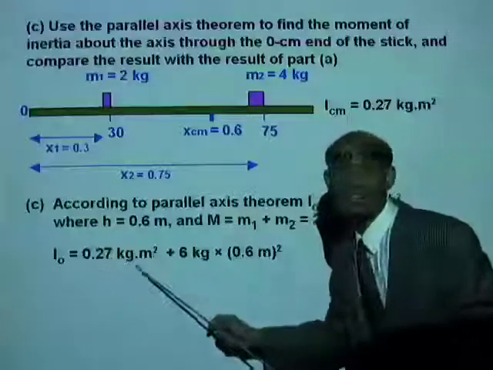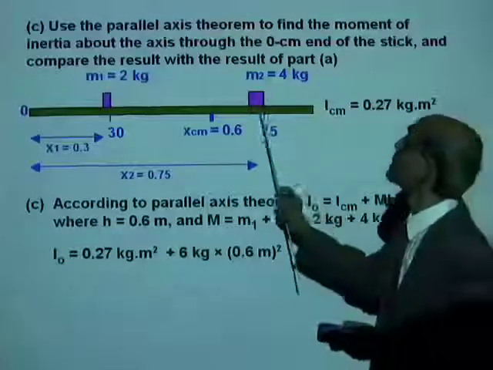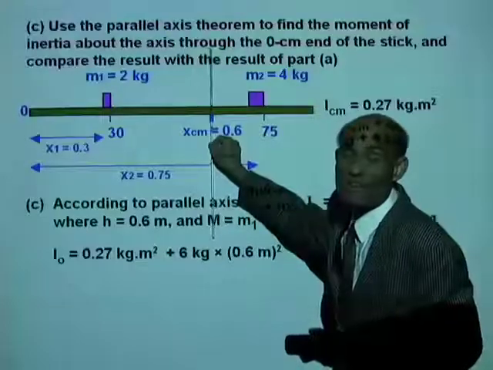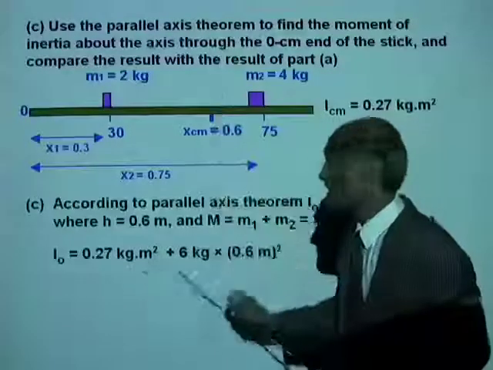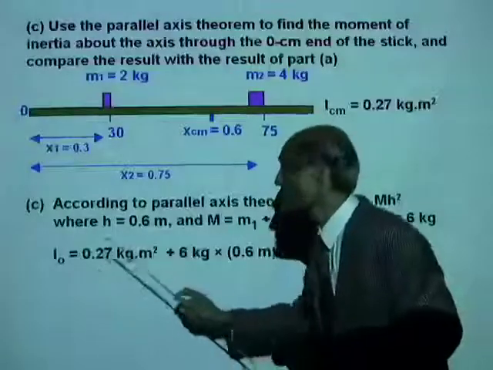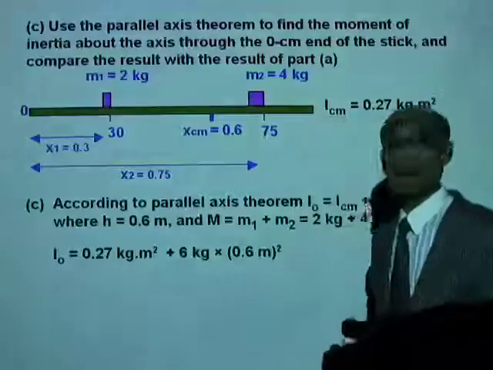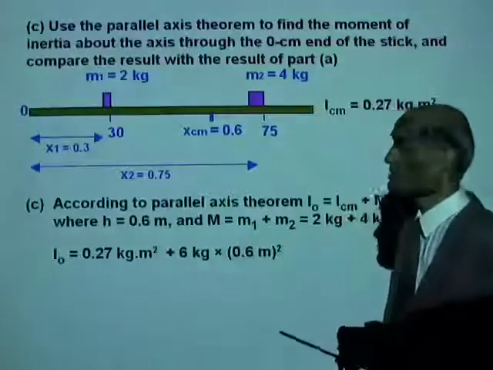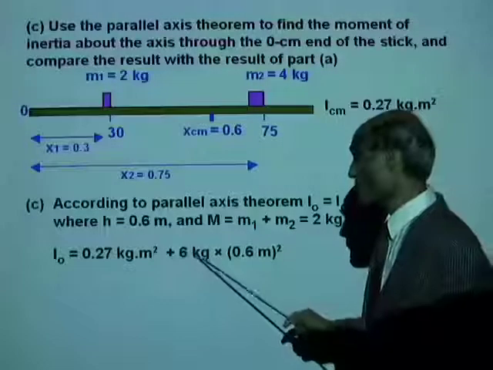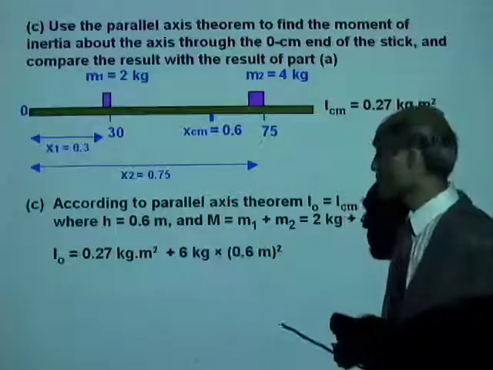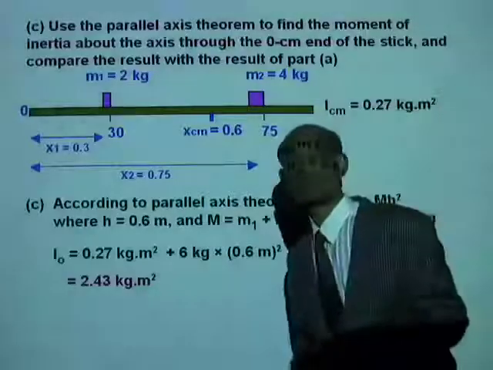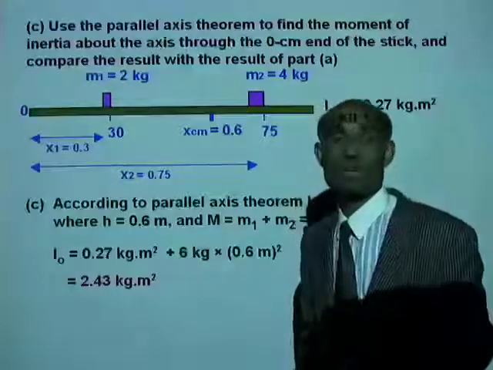We just calculated the moment of inertia of these two masses about an axis that passes through the center of mass, and we got that as 0.27 kilogram meter squared. So I0 equals 0.27 kilogram meter squared plus 6 kilogram times 0.6 meter squared, that is 2.43 kilogram meter squared.